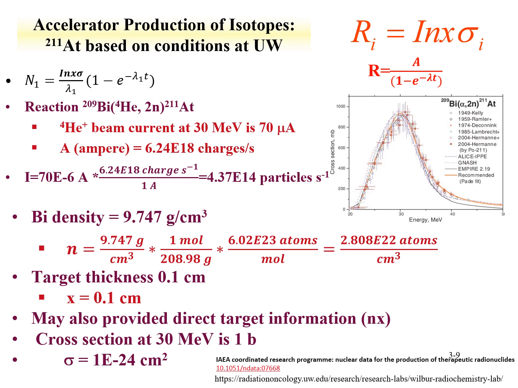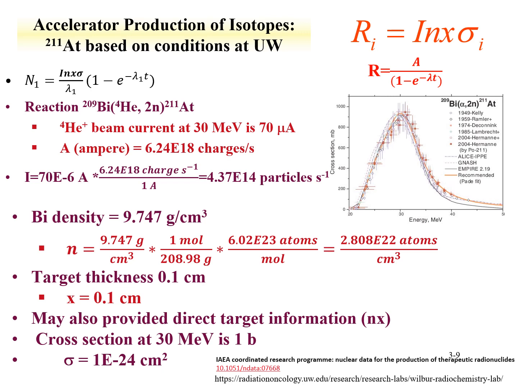Assuming 100% density of your target, use the density of bismuth, which is shown here as 9.7 grams per centimeter cubed. Convert that to atoms using the atomic mass of bismuth and Avogadro's number. You get 2.808 times 10 to the 22nd bismuth atoms per centimeter cubed. So that's the number of targets per centimeter cubed.